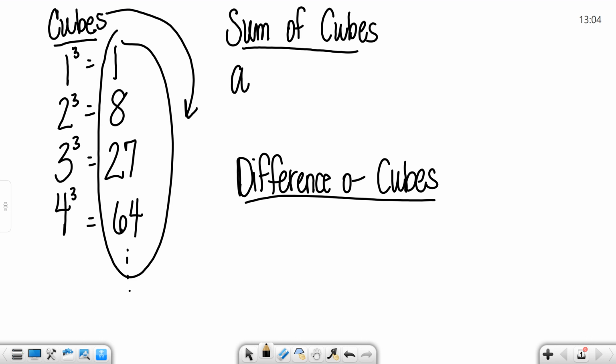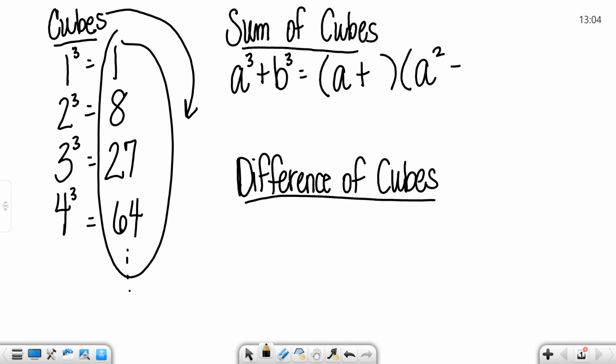All right, so the sum of cubes, you would have 2 cubes that are being added together. That's what sum means. And so to factor them, we always use this process. This always works every single time. So that's why you want to have this beside you to make sure you get it right.